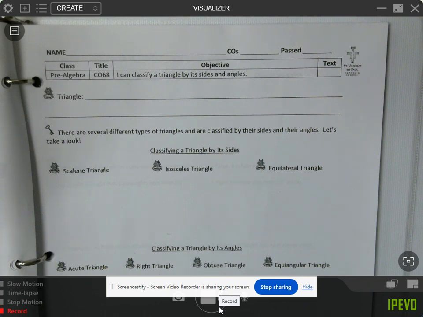So a triangle is a polygon with how many sides? 3 sides and 3 angles.